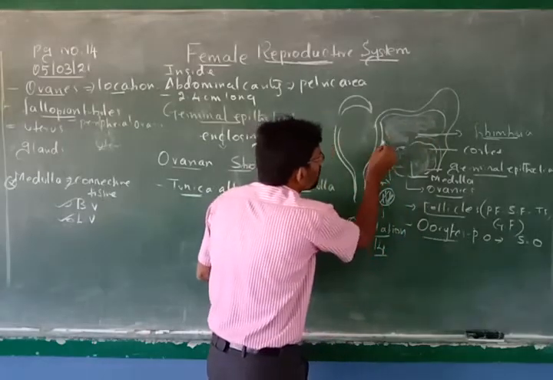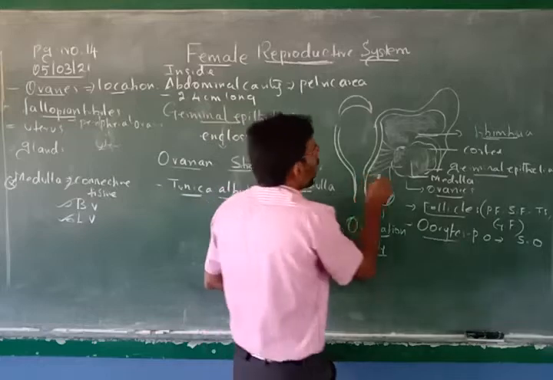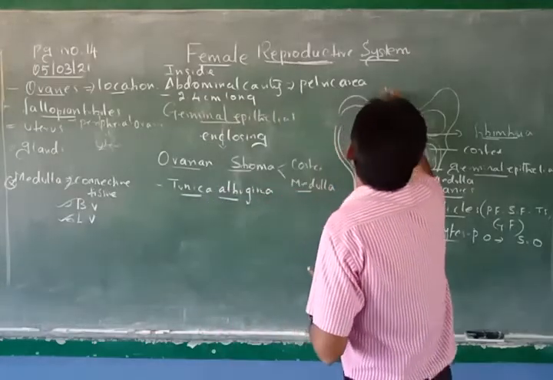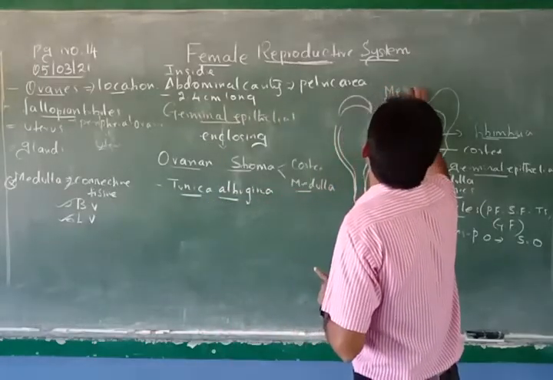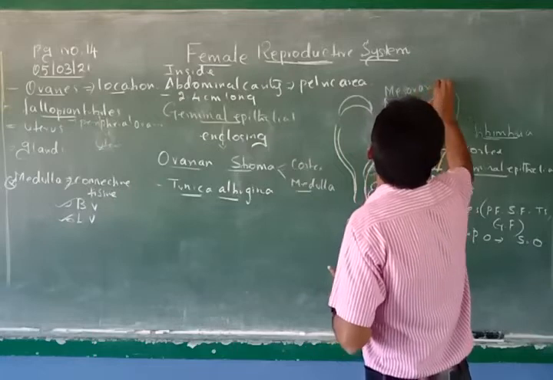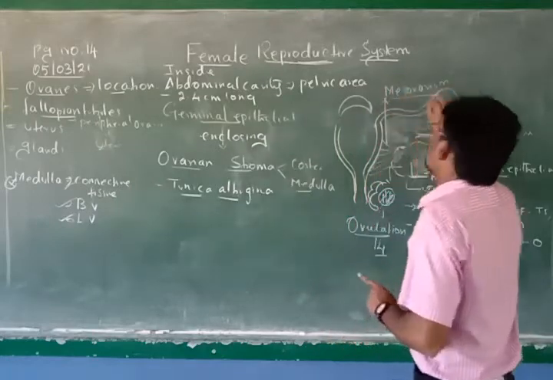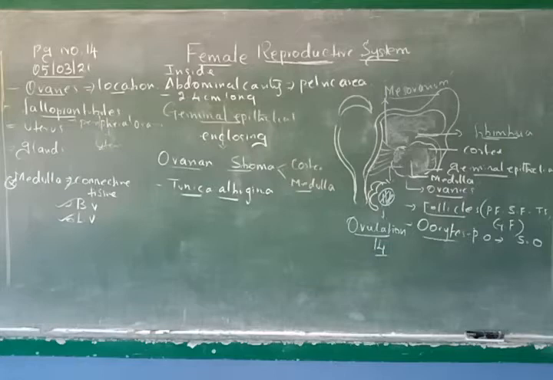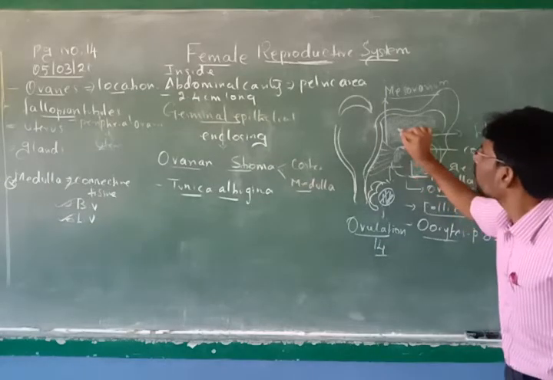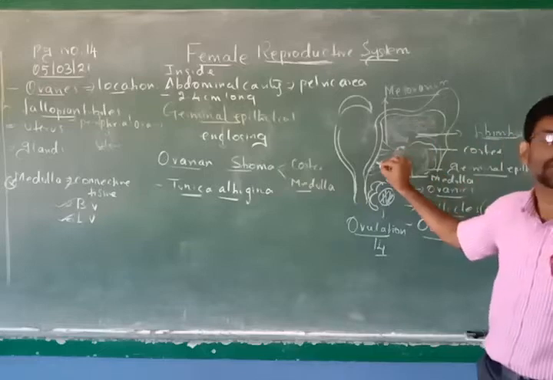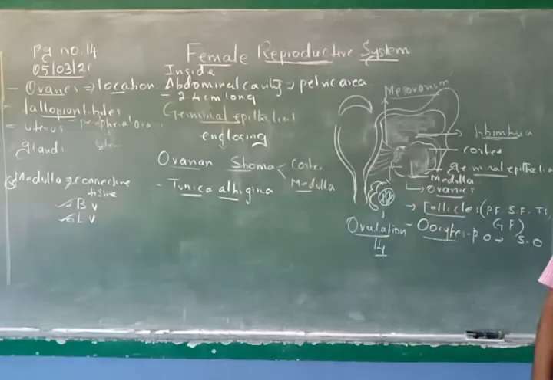At the same time, it is attached to the uterus wall by a structure called mesovarium. It's an important structure. Mesovarium is a connective tissue which attaches this ovary to the abdominal cavity as well as to the uterus wall. Understand? Right.